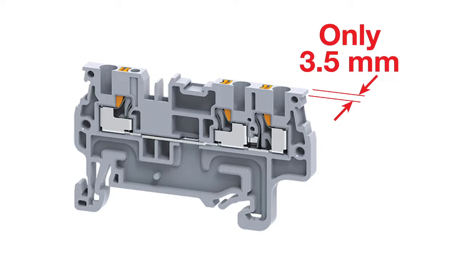For example, there are 3.5 millimeter wide push-in terminal blocks, and you can still connect a 14 gauge wire into that terminal, whereas screw terminal blocks usually just go down to 5 millimeters wide, and that difference can be significant when we have a large amount of connections in an electrical panel.